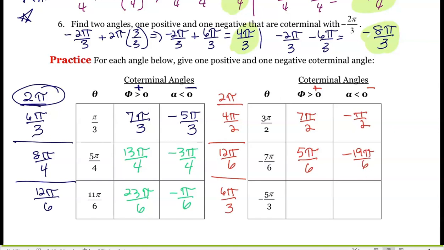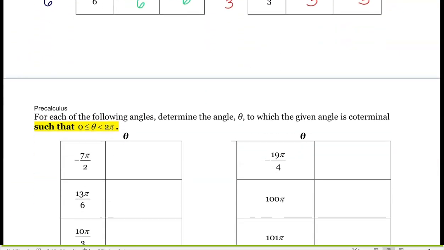Okay, if I add 6 pi over 3 to negative 5 pi over 3, I'll get a positive pi over 3. If I subtract away the 6 pi over 3, I will get a negative 11 pi over 3. Okay, you've got to be super comfortable with dealing with fractions. All right, let's keep going.